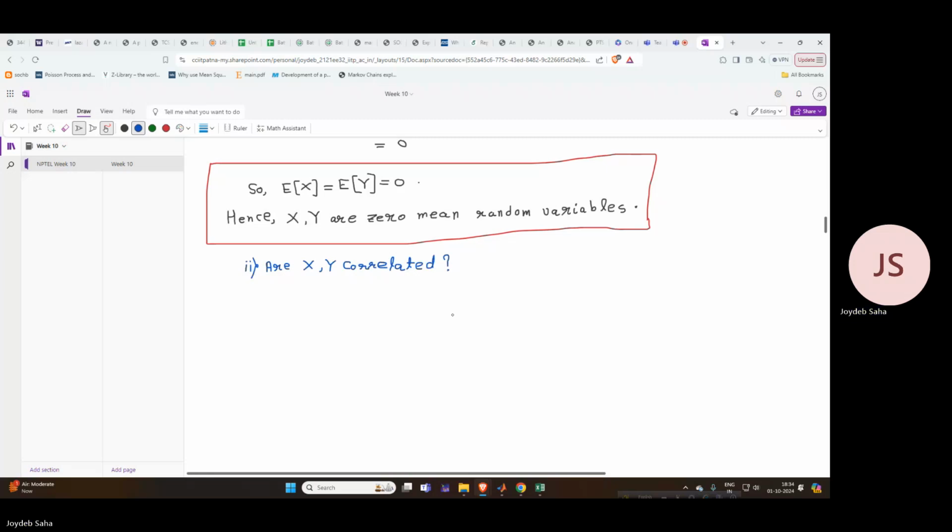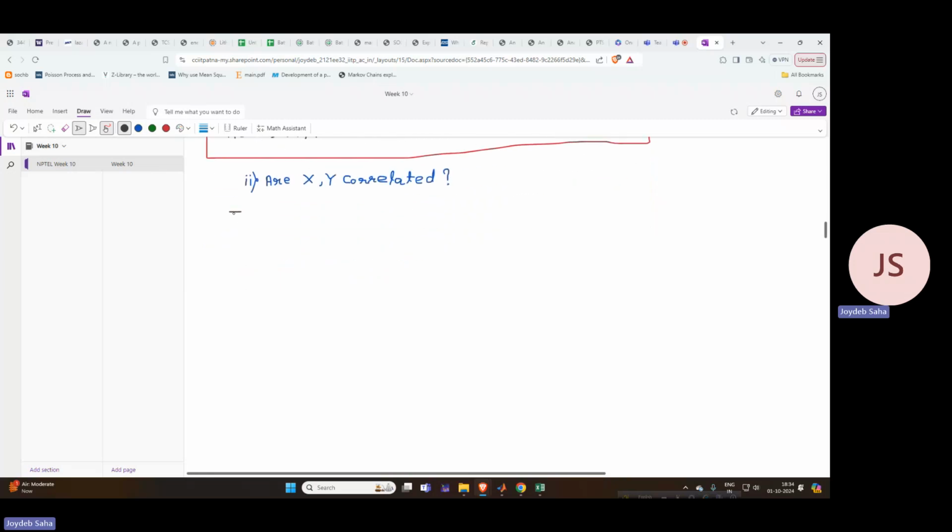So how can we solve this? If x and y are correlated, then expectation of xy will not be 0, and if they are uncorrelated, then expectation of xy will be 0.